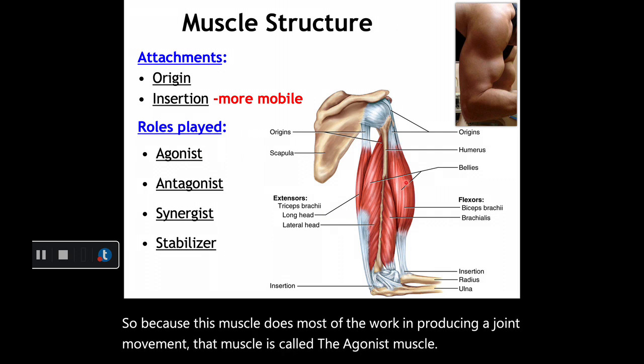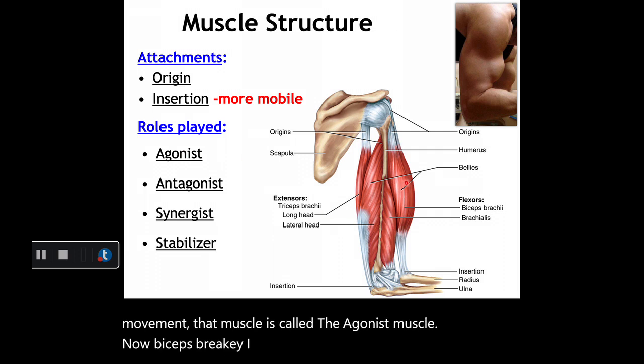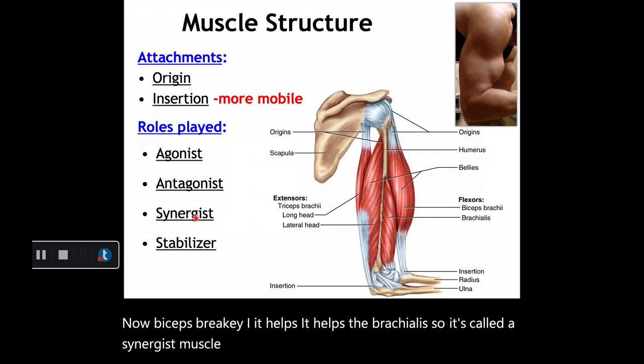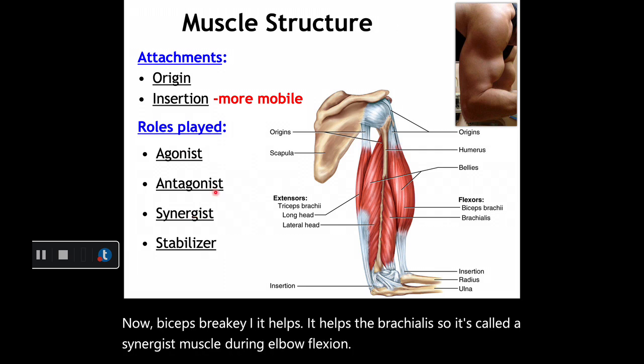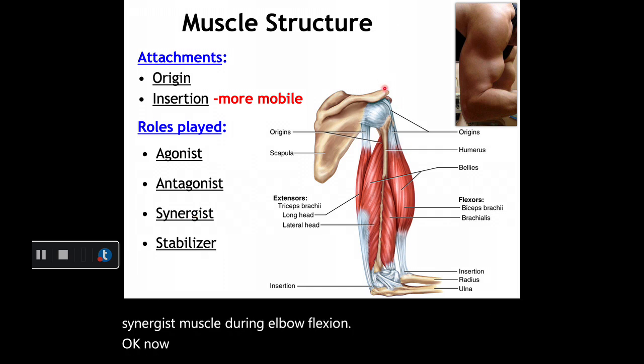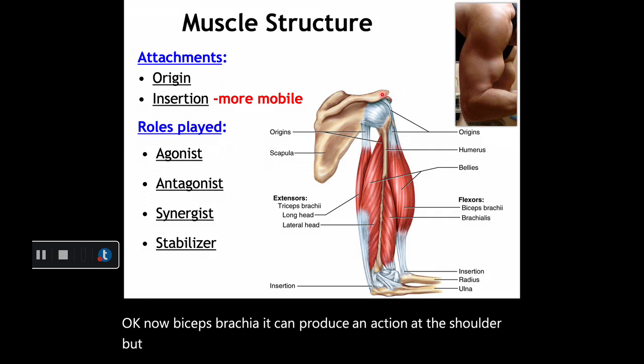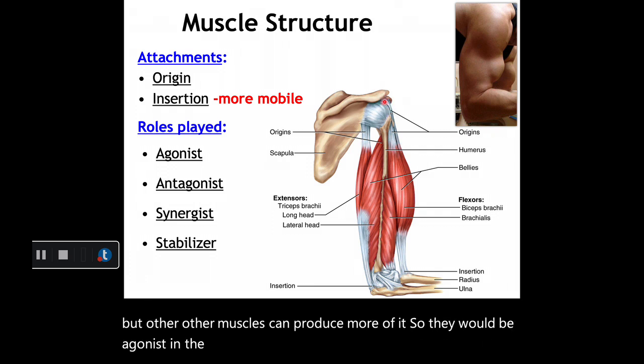Now, biceps brachii helps the brachialis, so it's called a synergist muscle during elbow flexion. Okay. Now, biceps brachii can produce an action at the shoulder, but other muscles can produce more of it. So they would be agonists, and the biceps brachii would be a synergist for shoulder movements too.